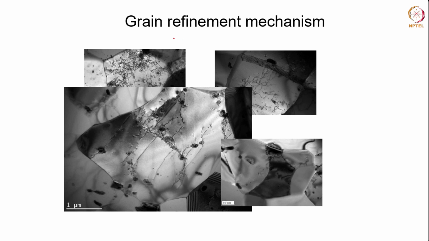Okay, so a value of the stacking fault energy in this range is actually quite high, and that is why cross slip will be prevalent in a material like aluminium.